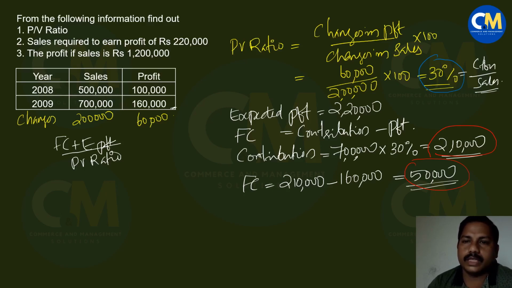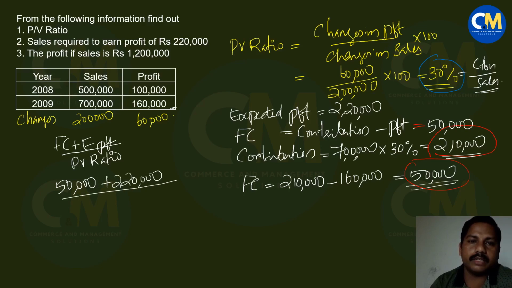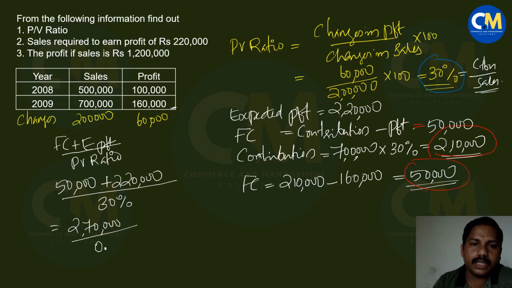So 50,000 plus expected profit of 2 lakh 20,000 divided by PV ratio of 30 percent: 2 lakh 70,000 divided by 0.30.